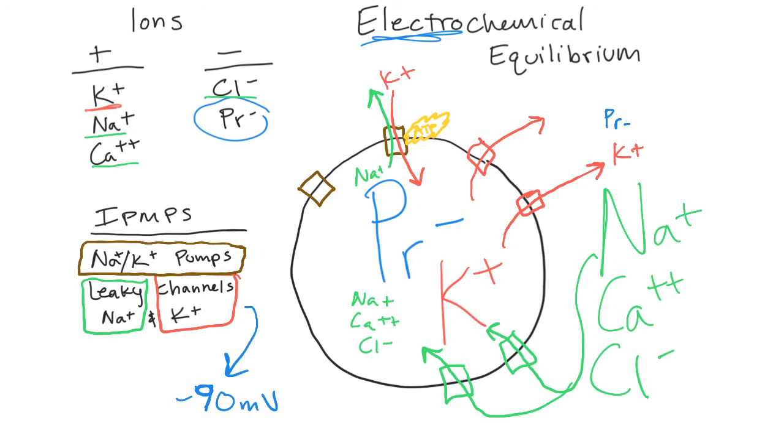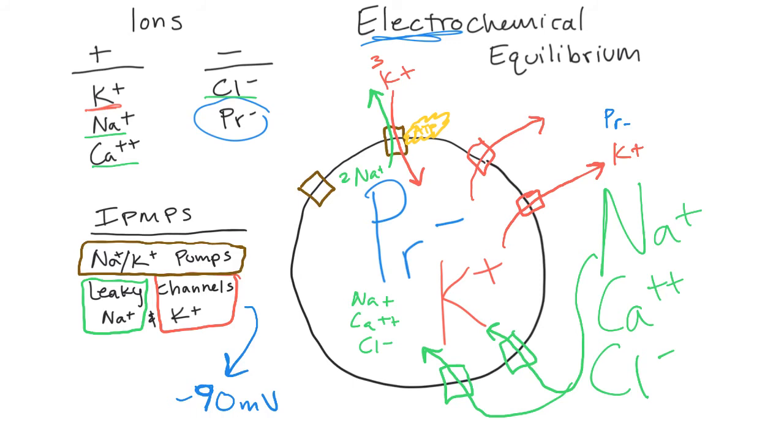And it's going to change this. It's going to make it actually less negative and more positive. The reason it does that is because for every 3 potassiums it pumps in, it only pumps 2 sodiums out.